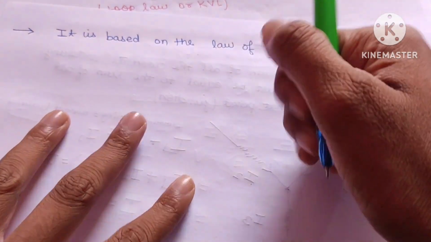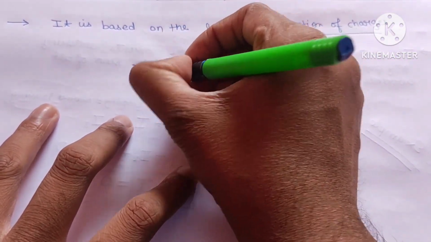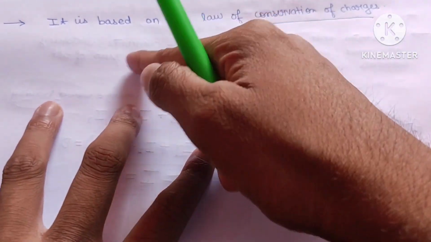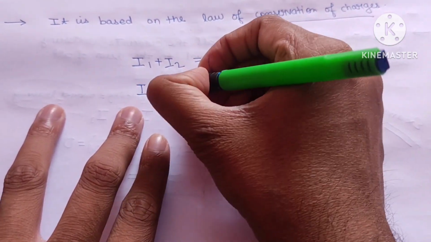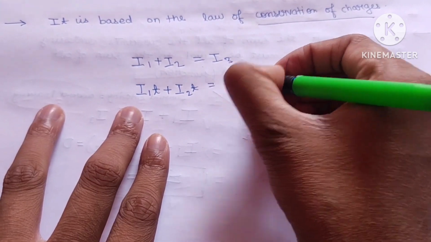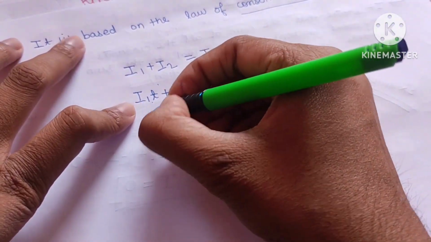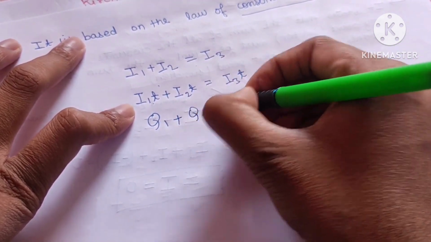What is the law of conservation of charges here? In the previous example we know I1 plus I2 is equal to I3. Now multiply both sides with time t. So I1t plus I2t equals I3t.